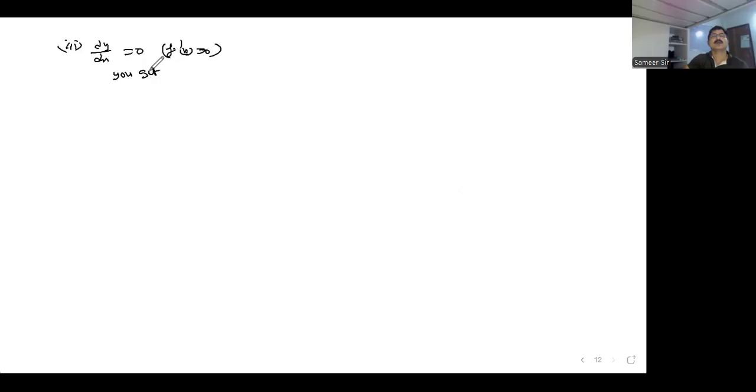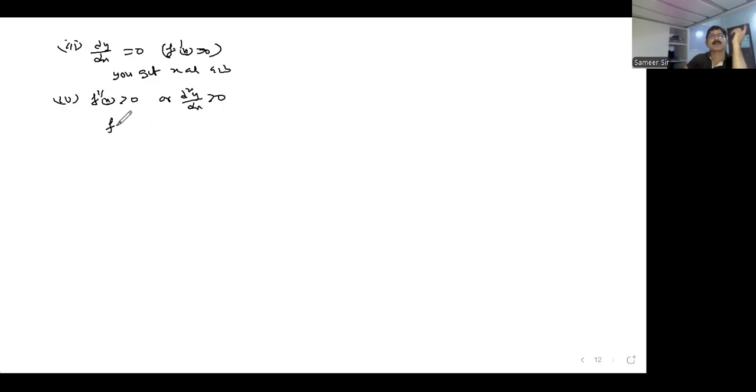You got x as something, a comma b, nothing will happen. Fourth one क्या होगा यार, f double dash x. You can say that, okay, f double dash x is positive, or you can say d square y by dx square is positive. So if it is positive, then f of x is what?